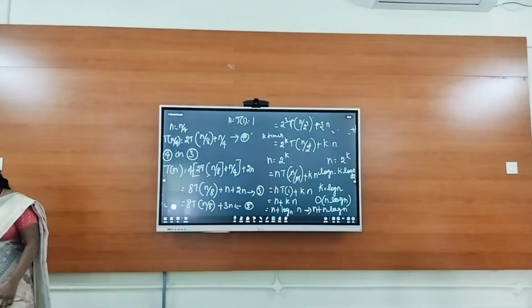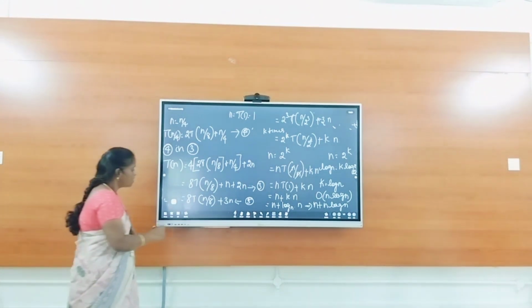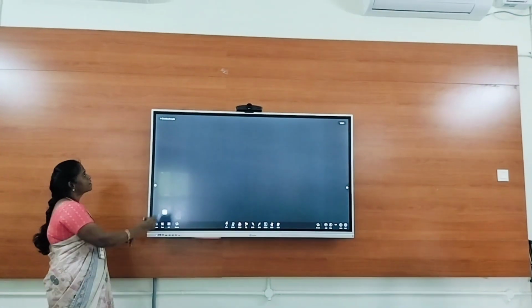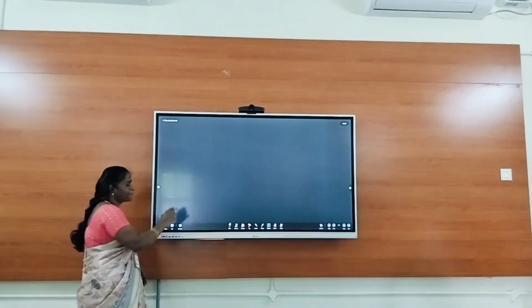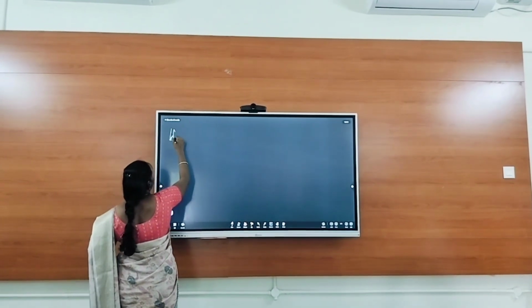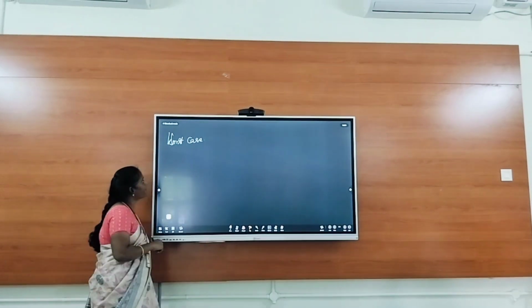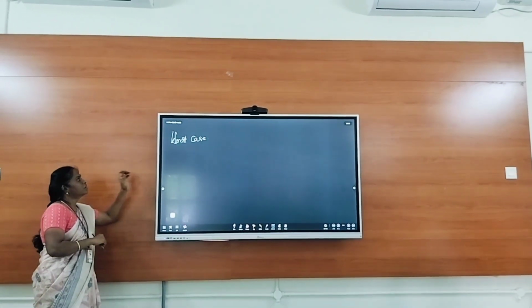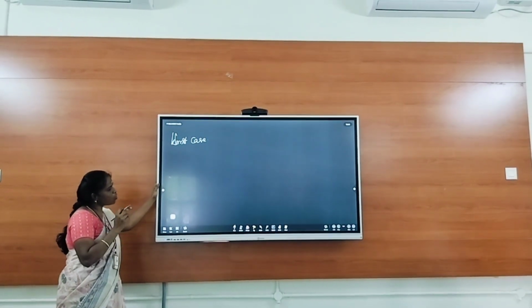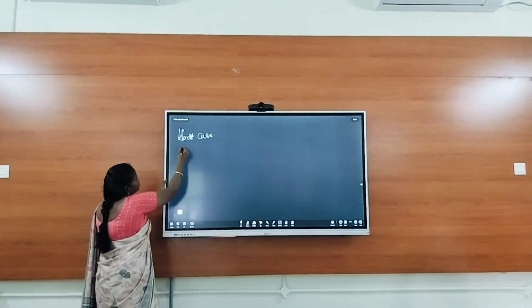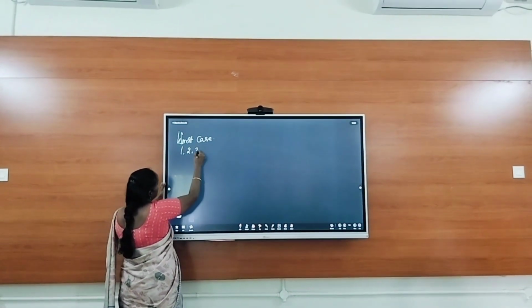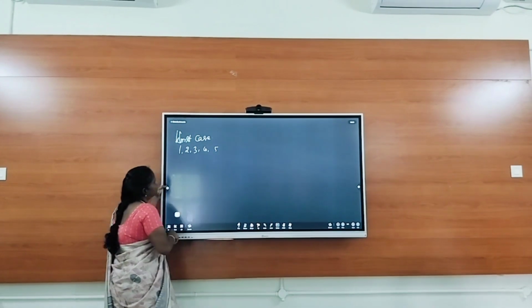Now we see the worst case. In the worst case, the numbers are already in ascending order. Suppose 1, 2, 3, 4, 5.